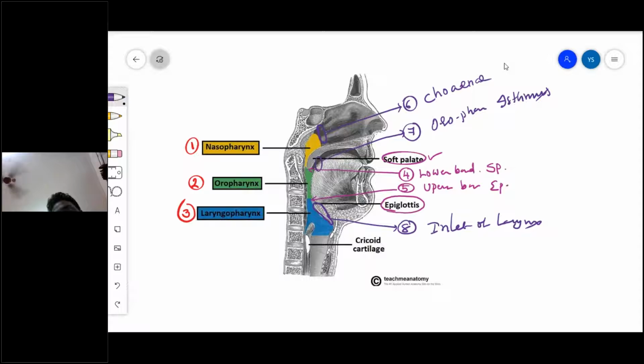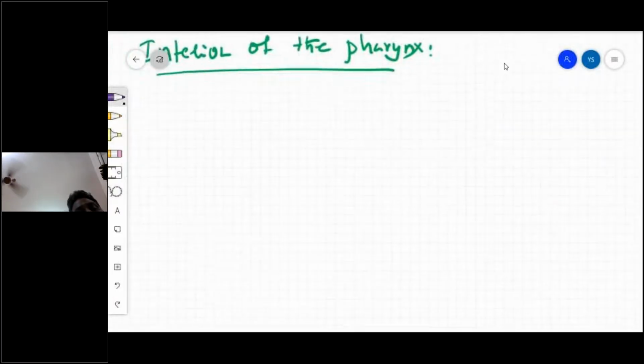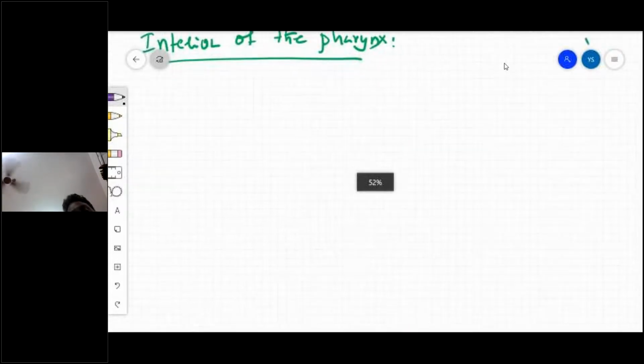Whatever I explained in this picture, I will try to show you the same in a flow chart, repeating here once again for better clarification.